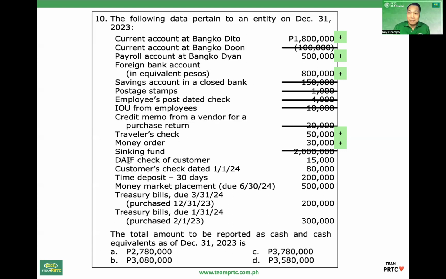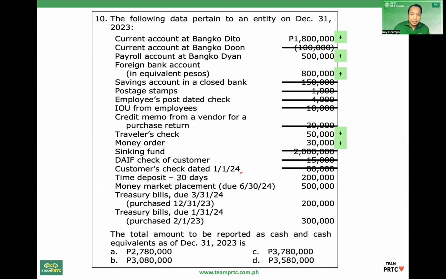So daif, NSF, insufficient funds. It bounced. Exclude. Receivable, trade and other receivables. Customer's check dated January 1, 24. The end of the reporting period is December 31, 23. So the check is post-dated. Exclude, trade and other receivables.